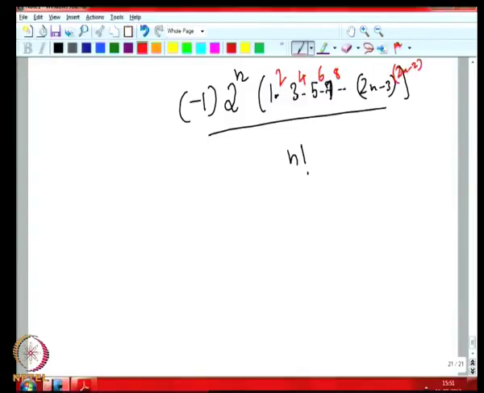That means a total of n minus 1 even numbers I want to introduce. But this is actually what? This 2 is actually 2 into 1. We can write it as 2 into 1. This 4 is 2 into 2. This 6 is actually 2 into 3.